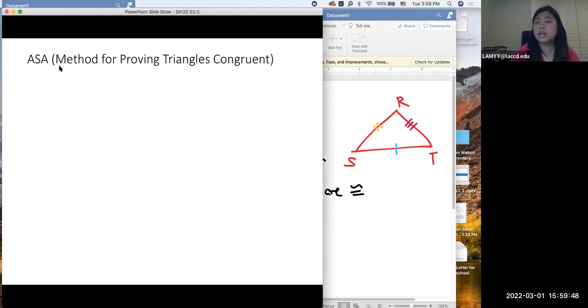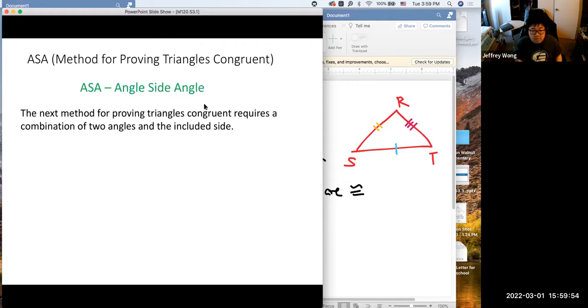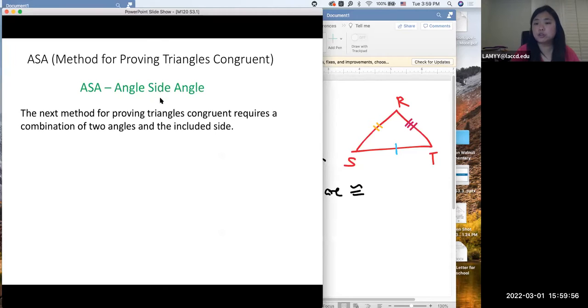What is number 3? It's going to be ASA. What does ASA mean? Angle, side, angle. And again, this time the side has to be in between the two angles.